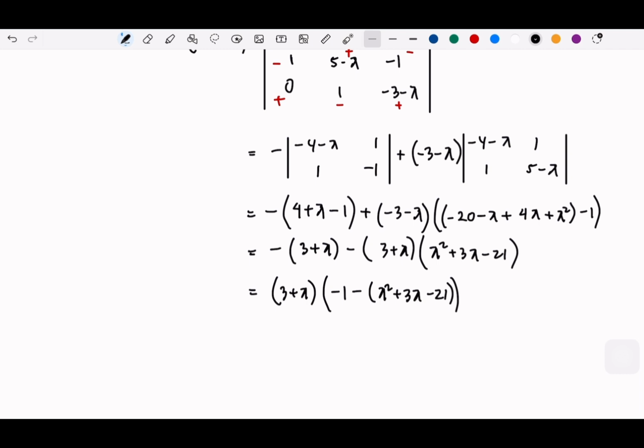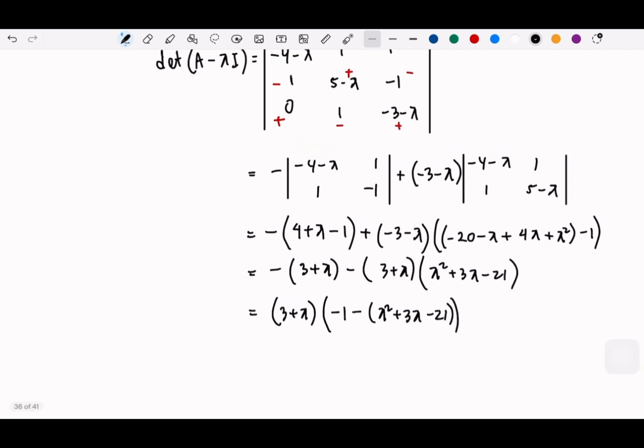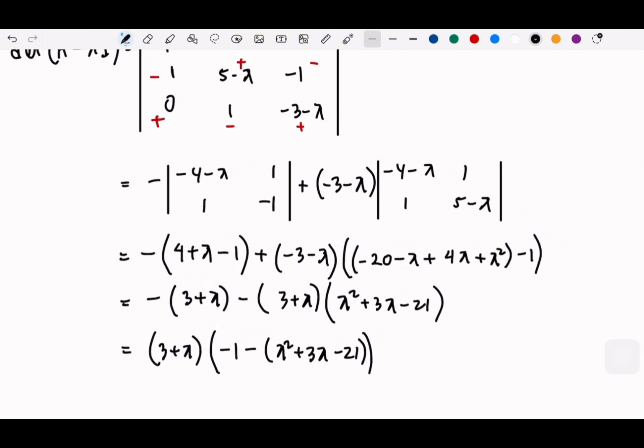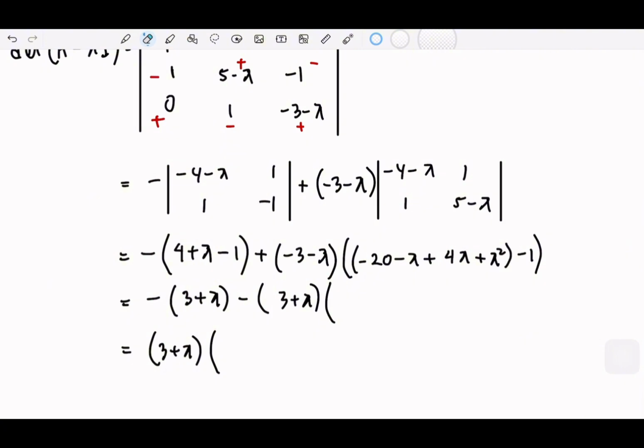Which one? The first one? Oh, okay. Let me check. Negative. Oh, 5. Okay, so it should be negative 20, negative 5, right? Negative 5 lambda. And then, what?